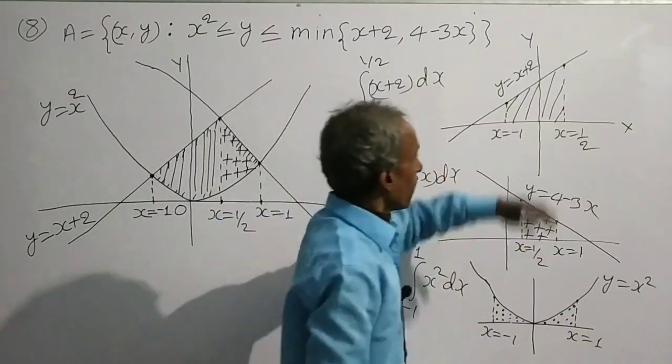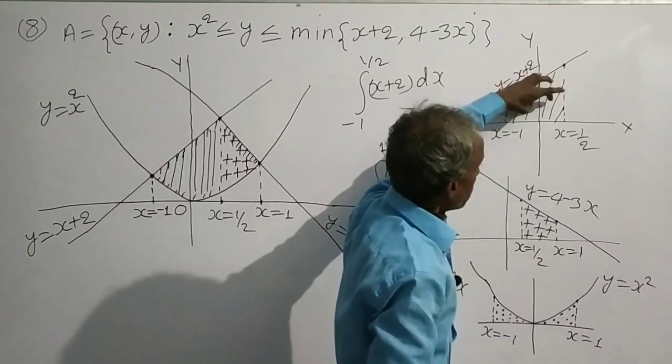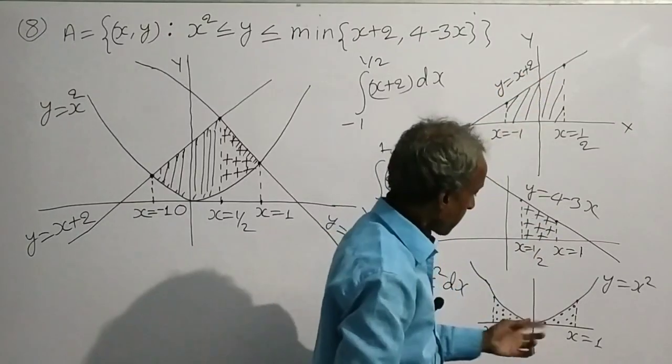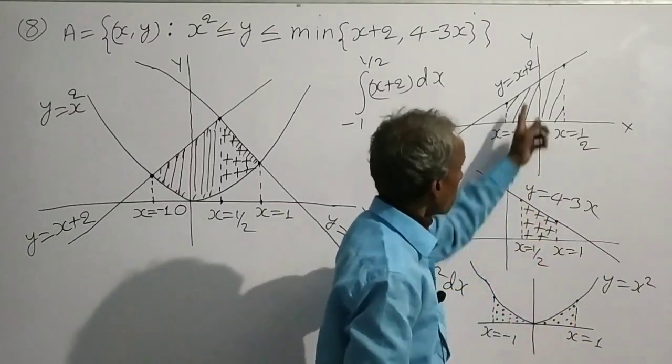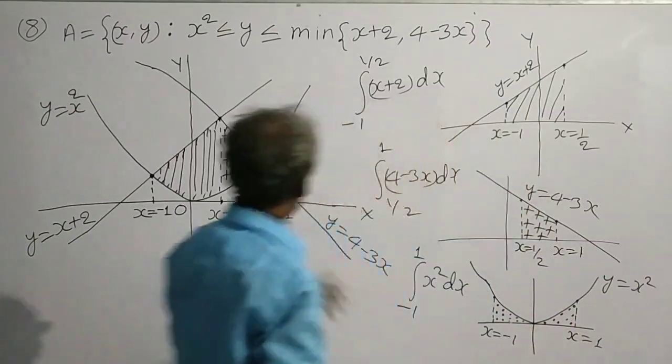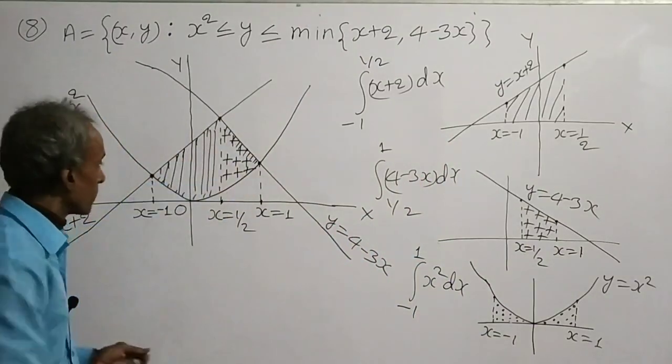When we add this area with this area and subtract this area from the sum of these two areas, we will get the area of this region.